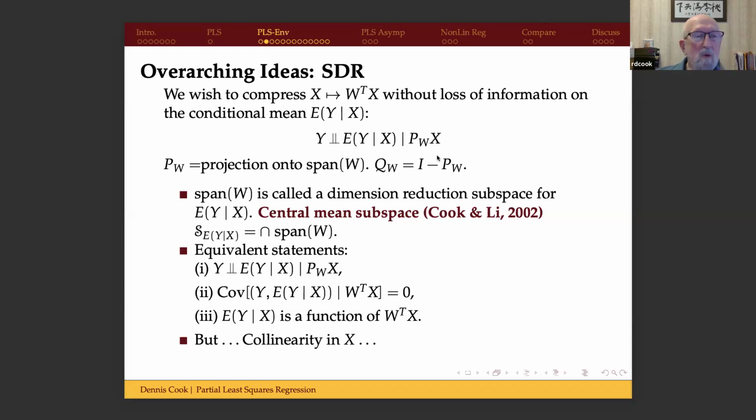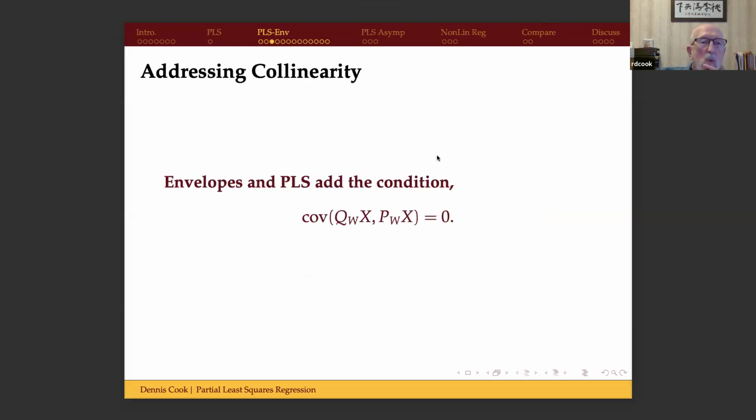So what do we do about collinearity? That's where partial least squares and envelopes come in. To handle collinearity, we add a condition. Envelopes and partial least squares add the condition that the covariance between Q_W X, the projection on the orthogonal complement of the span of W, and P_W X is 0.